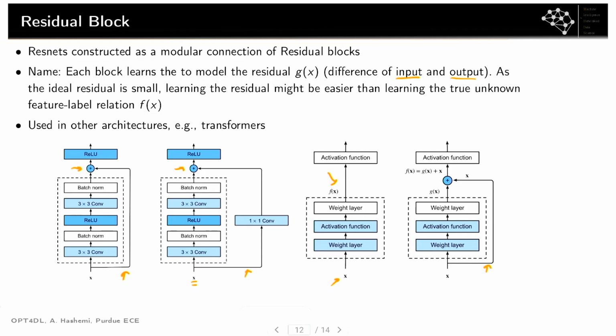Another important point to make here is that this skip connection is used not only in the construction of residual networks, but also in other architectures, for instance, transformers, which are perhaps one of the most famous architectures these days, the building block of all of these large language models that we may have some experience dealing with and interacting with.